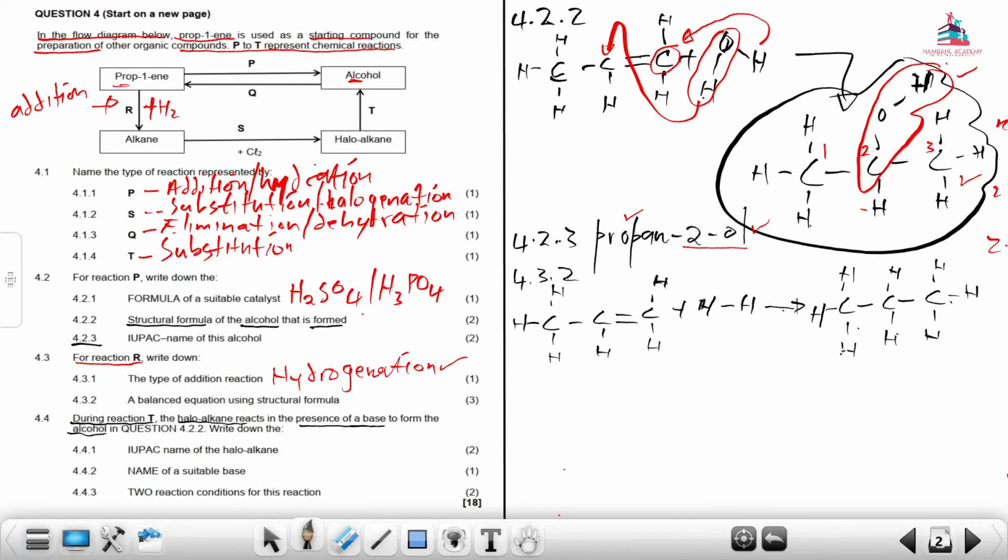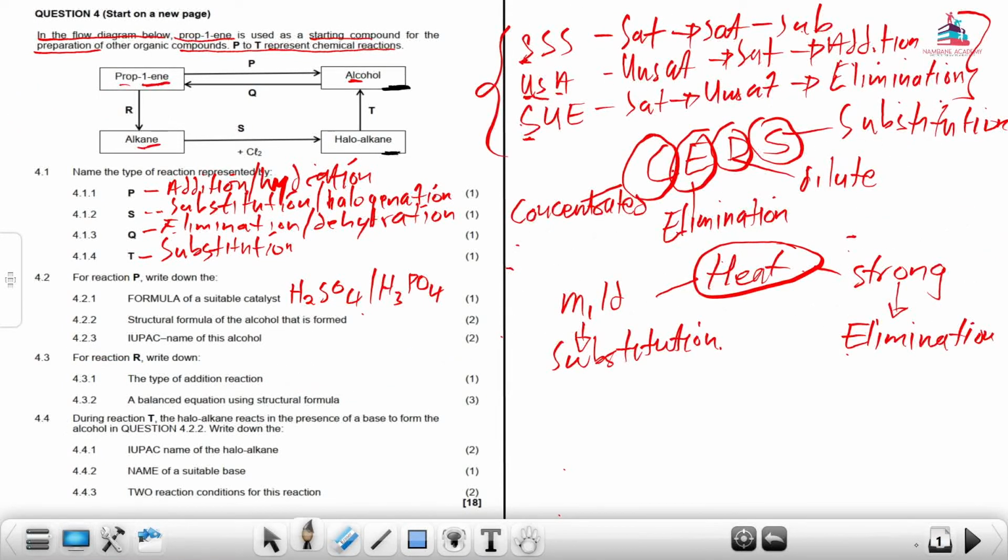So it means we are going to substitute our alcohol with now a halogen. So if you are going to substitute it with a halogen for the reverse reaction of T, then it definitely says now at T, the chlorine, which is now a reactant in this case, must only be at carbon number 2.